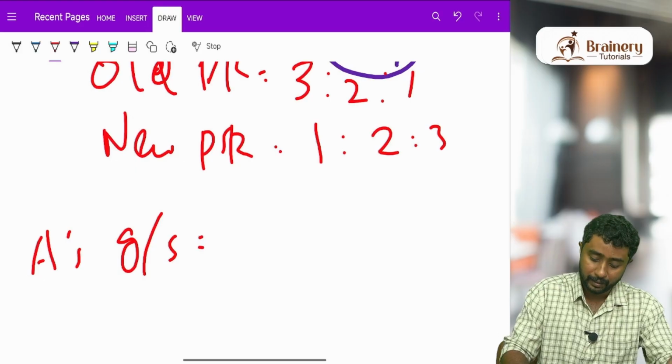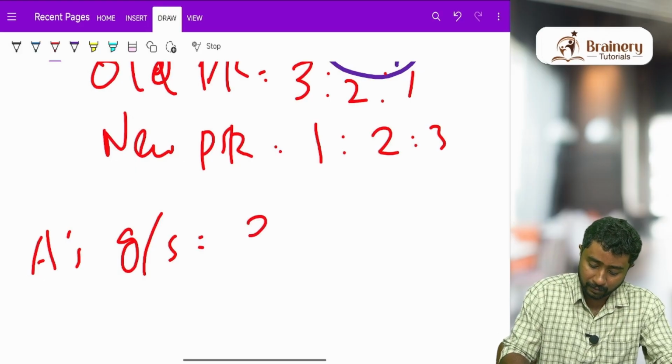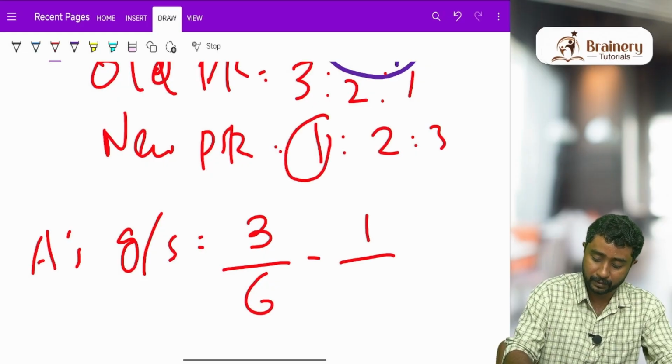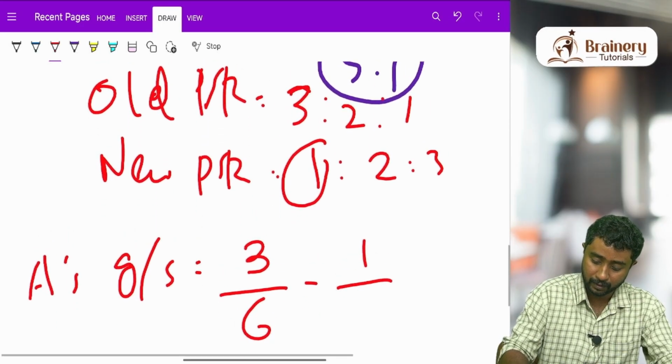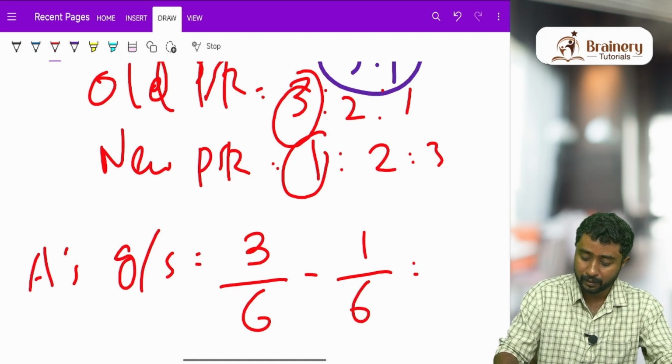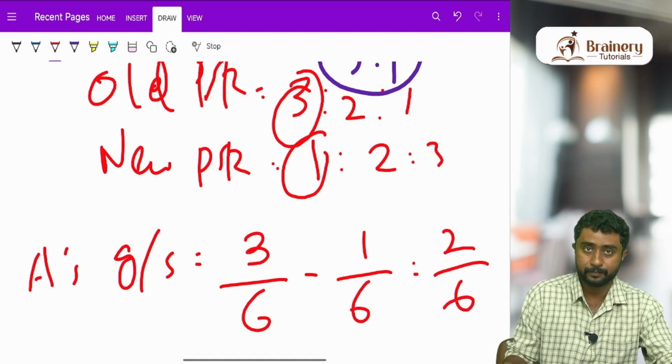How to calculate A's gain or sacrifice? A's old share, 3 out of 6, was there before. Now he is getting 1 out of 6. You observe the first two values, 3 out of 6 and 1 out of 6. So basically it is 2 by 6.